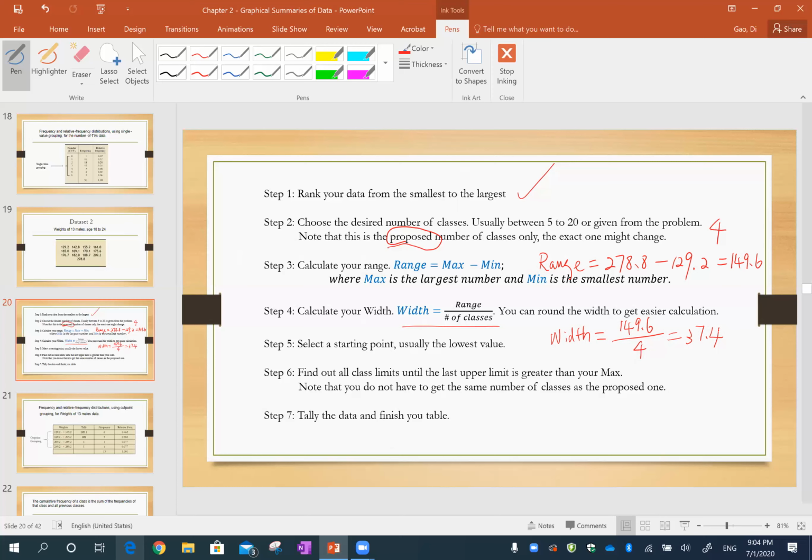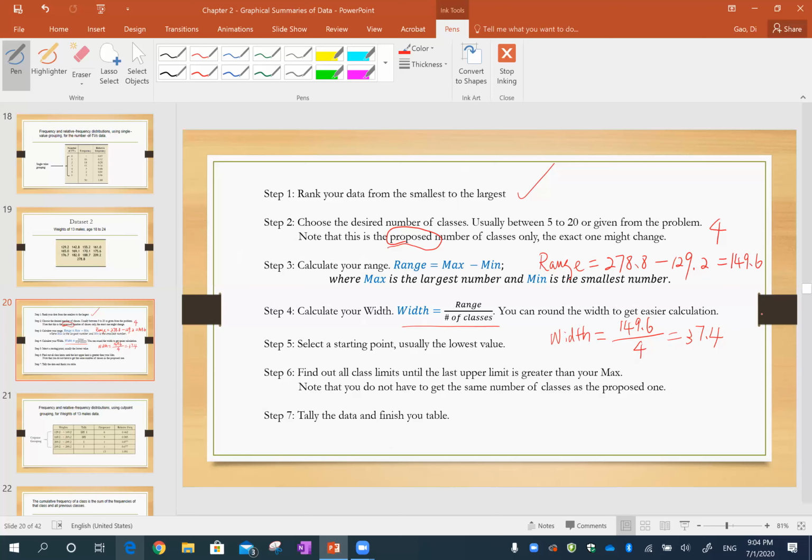For example, you can say I want a class that includes numbers from 10 to 20, and then 20 to 30, 30 to 40, 40 to 50. So 10 to 20 means the lower and upper limit for the class. And then we want to make that width equal for each class.